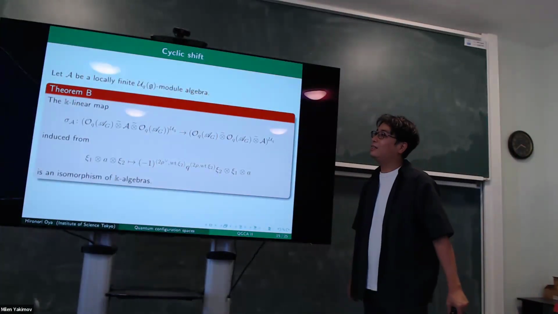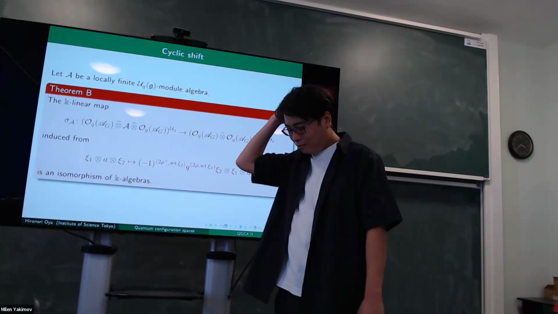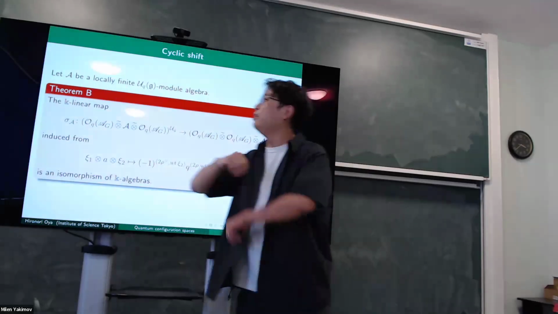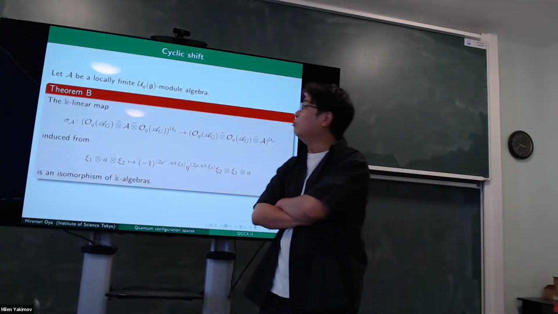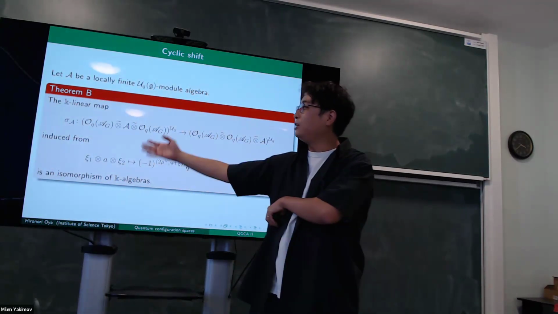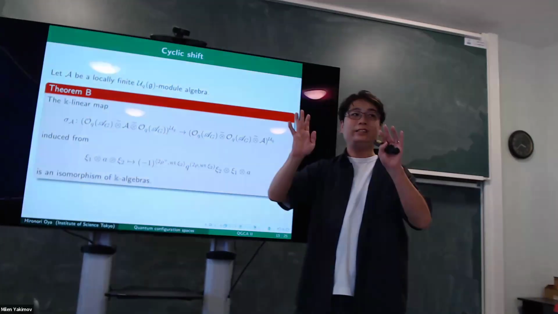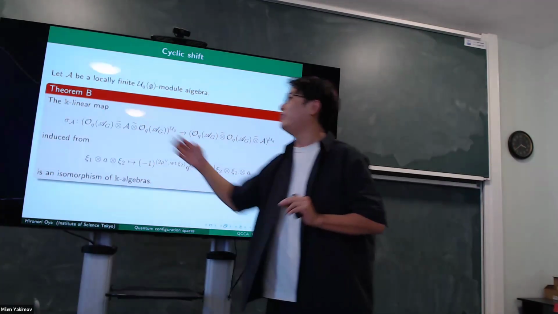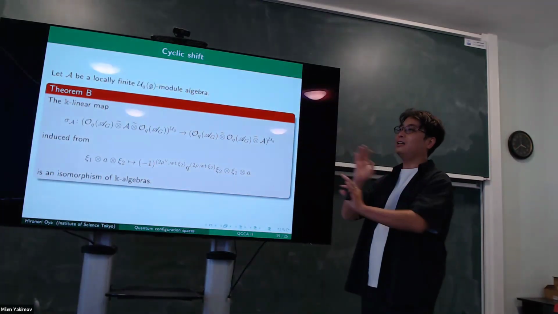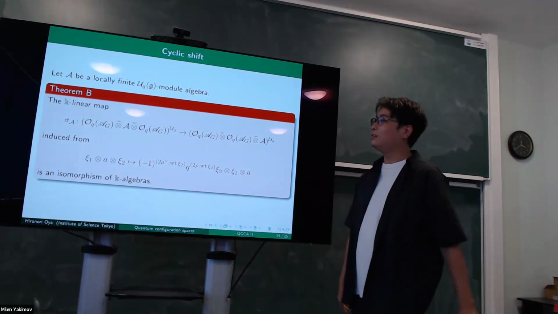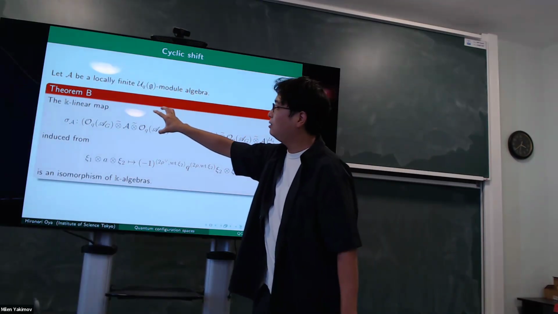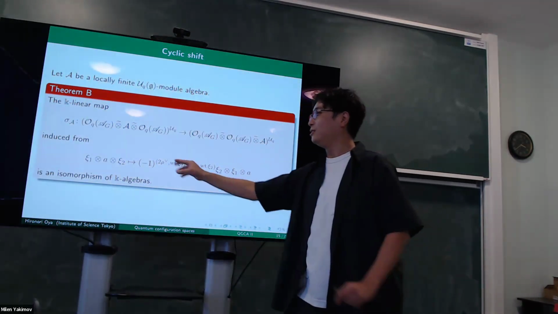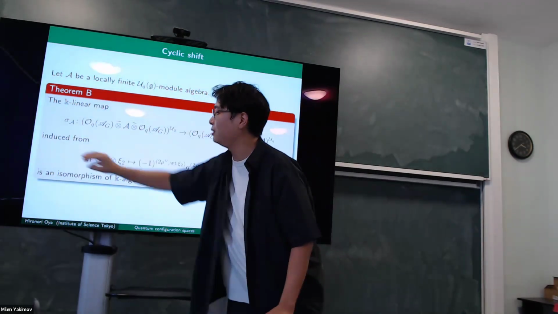One more fundamental property of this algebra is this one. Let A be a locally finite UQG modular algebra, and we sandwich this algebra by OQAG and take the invariant part. We construct this kind of algebra. Then it has a kind of cyclic symmetry: we can bring the last component to the first in this way.